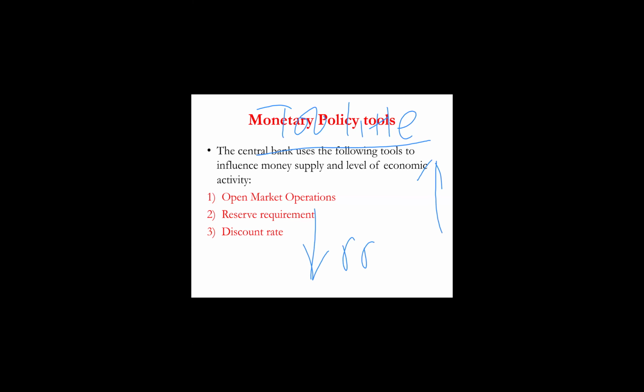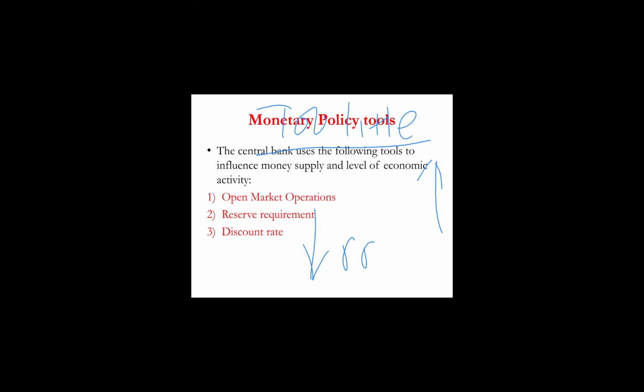If you reduce how much they keep, it means you're increasing how much they give out as loans. That's how it works. So when you reduce the reserve requirement ratio, there'll be a lot of money given out as loans. And then you're increasing money in circulation.